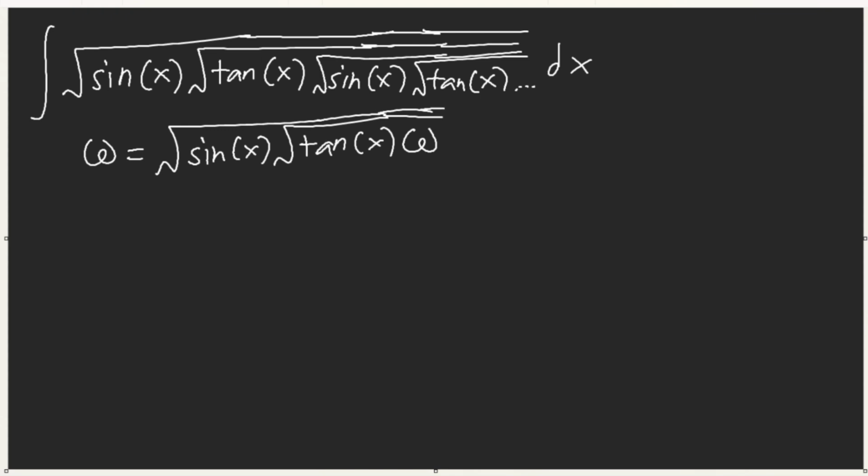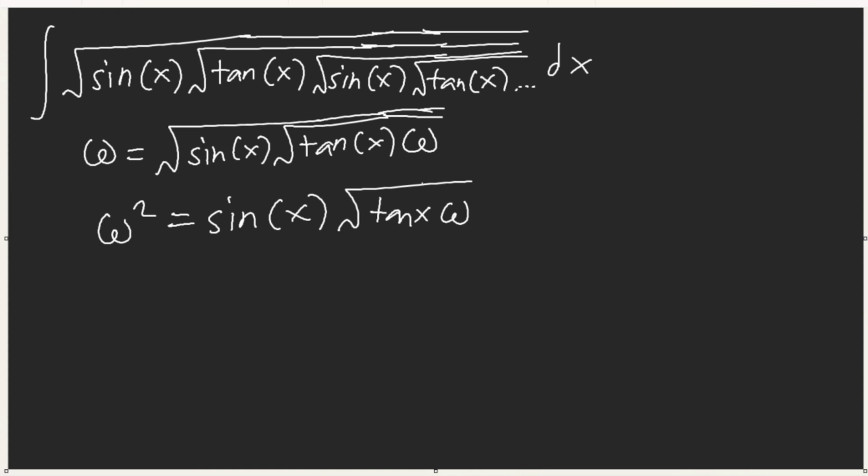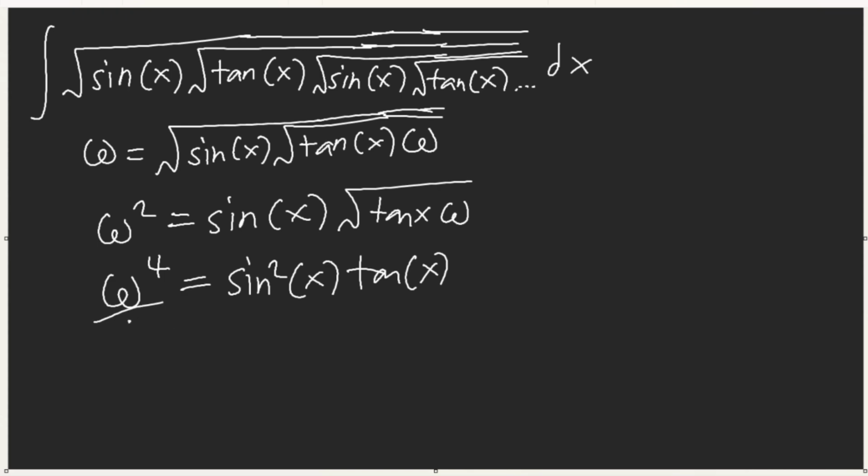Okay, so now what? Again, we simplify. Now we try our best to solve for w. The w squared, we have sine of x. And then we're left with tangent x w. Okay, square it again, no worries. We have sine squared, and then we have tangent of x, and then we can divide by w here.